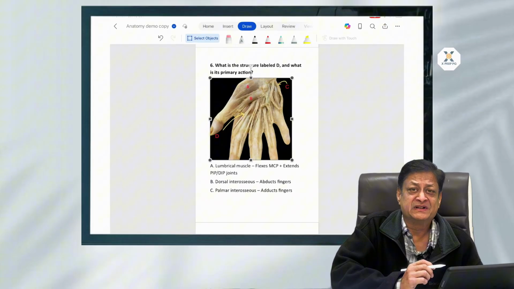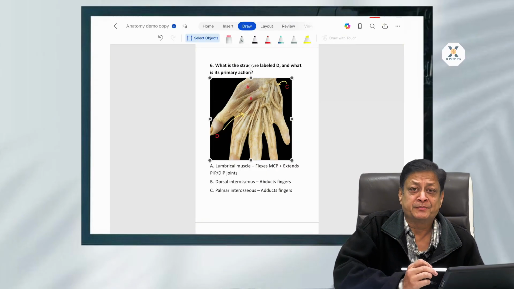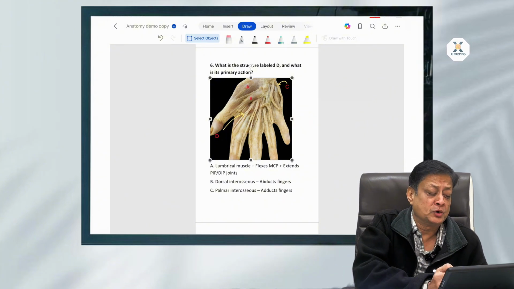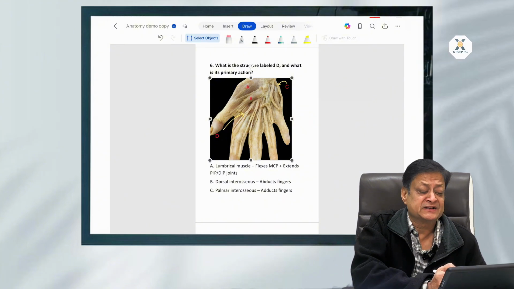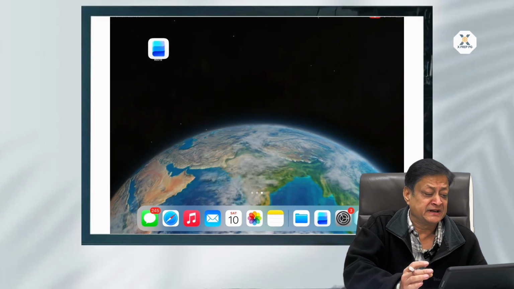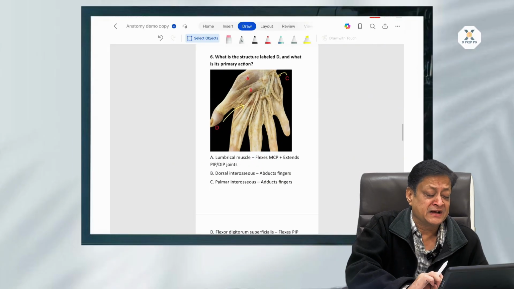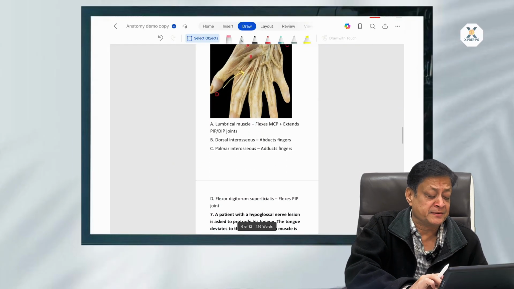Let us continue with the discussion of question number 6. There is a picture showing intrinsic muscles of the hand, and there is a yellow structure. We have to identify the structure labeled D, and this structure is definitely the lumbricals. They have asked the actions of the muscles.